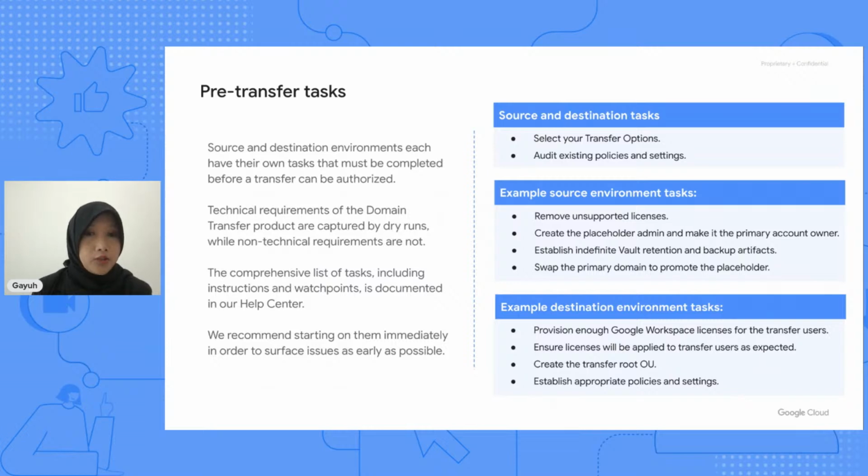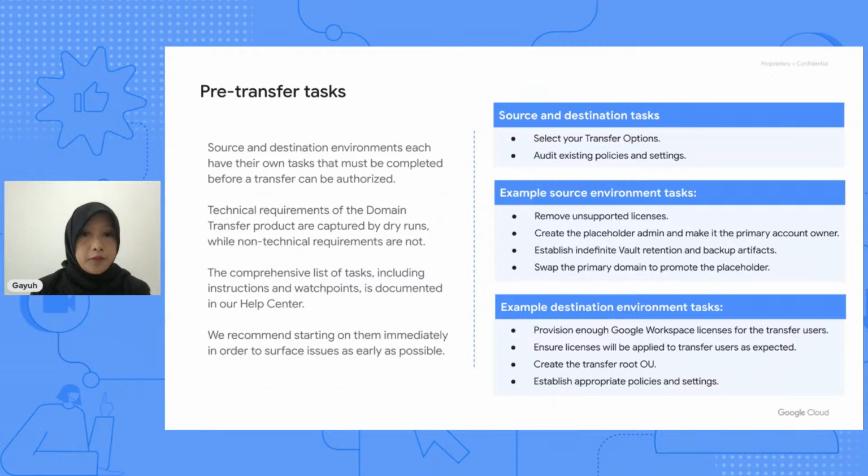And then you might need to audit existing policies and settings because some of them might not be transferred during the production transfer. There are some examples for source environment tasks as well. For example, removing unsupported licenses. During the dry run, this will be surfaced if there are any unsupported licenses and you might need to remove them. You might also need to create the placeholder admin and promote them into the primary account owner.